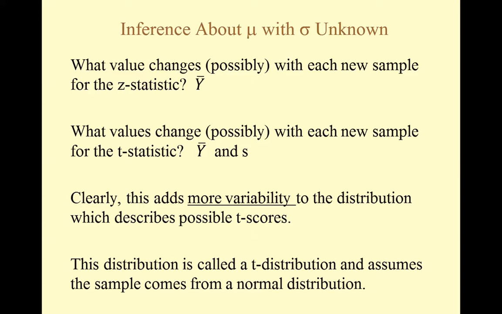Well, there's two things: the sample mean y bar and the sample standard deviation S. Clearly, this adds more variability or uncertainty to the distribution, which describes all possible t-scores. This new distribution is called the t-distribution or student's t-distribution, and it does assume that a sample comes from a normal distribution.